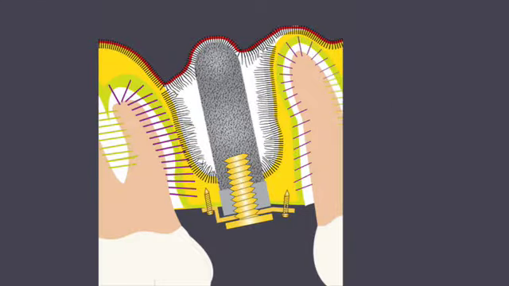Now, the Sharpey's fibers that are exposed during the elevation of the sinus membrane respond by a budding process, and they grow into the chamber in the same process that bone forms in a fetus, and also bone forms as a response to injury or surgery.